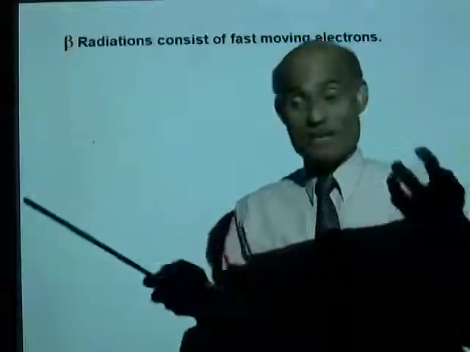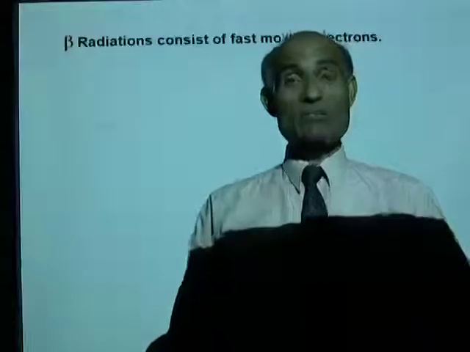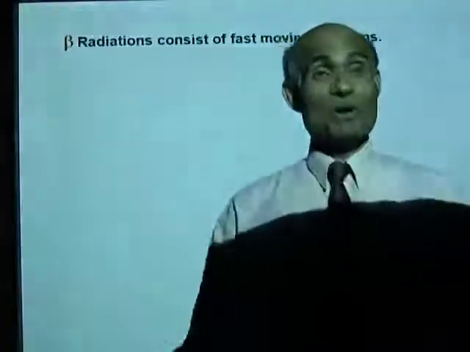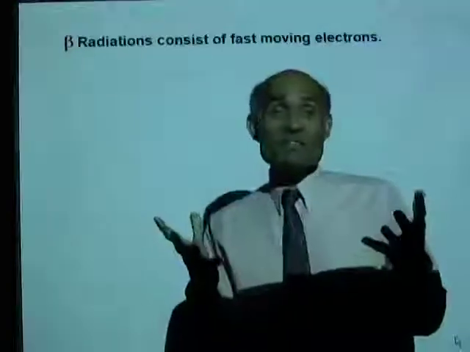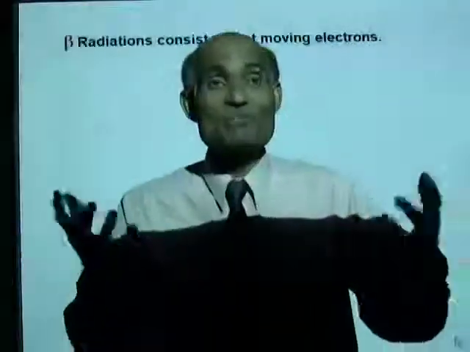They are light particles, and there's only one light negative particle that we are familiar with. They are electrons. So, obviously, it is easy to conclude that beta radiations consist of fast-moving electrons.